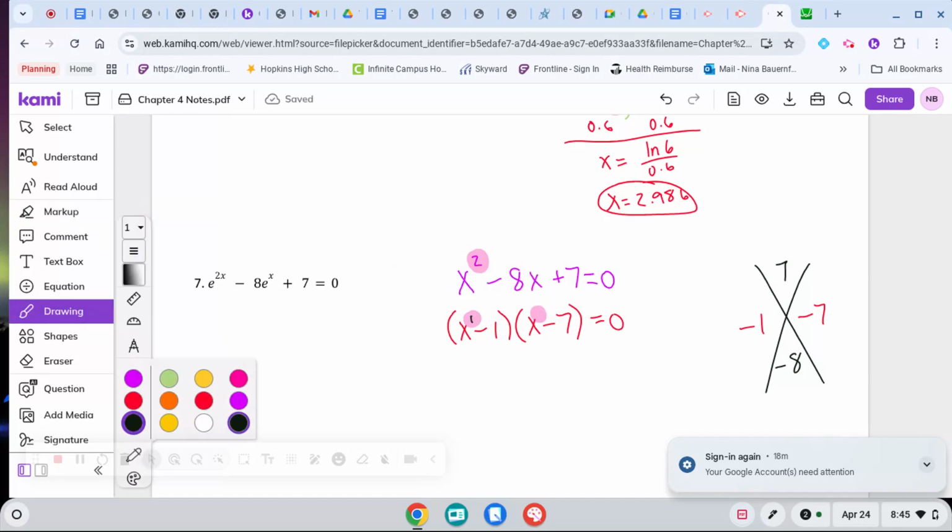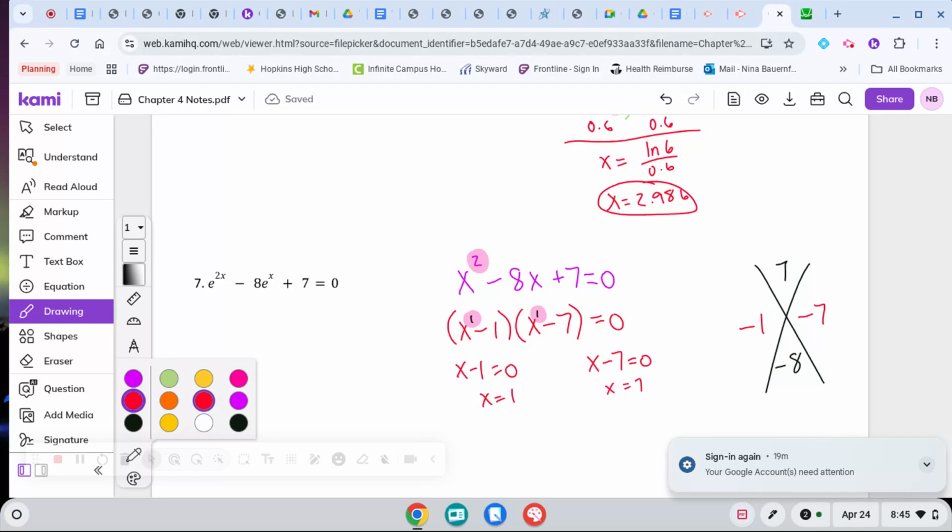So we split that guy up into half and half on each one. And then here we add a single power of x, and it's still just a single power of x, if you want to compare those. But the big thing is these highlighted pieces. Then what we would do is we would go, okay, x minus 1 equals 0, and or x minus 7 equals 0. And we'd solve it like that.